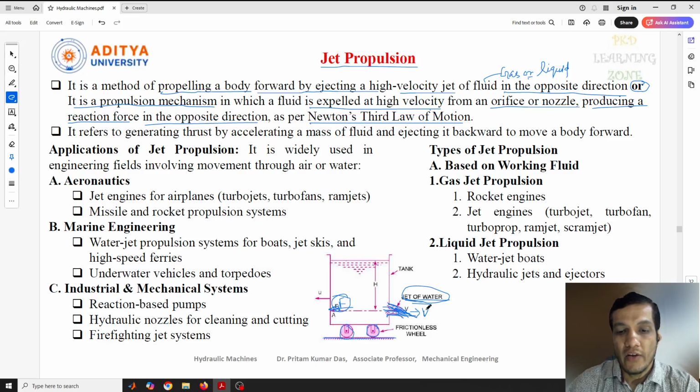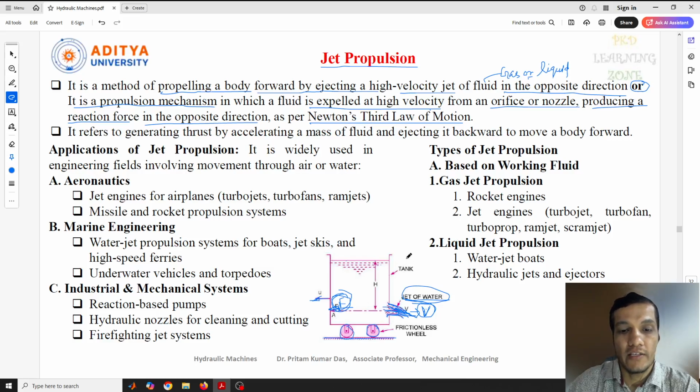Due to this, as I told you, this tank is going to move in the opposite direction.